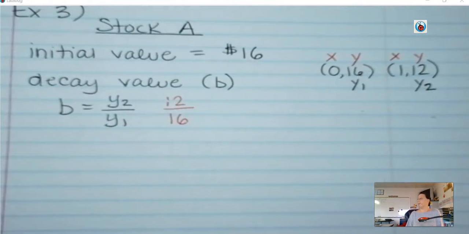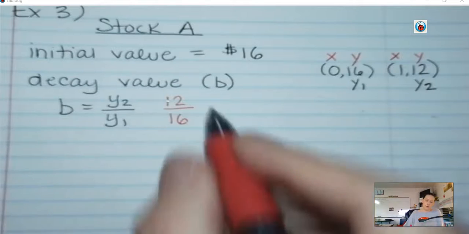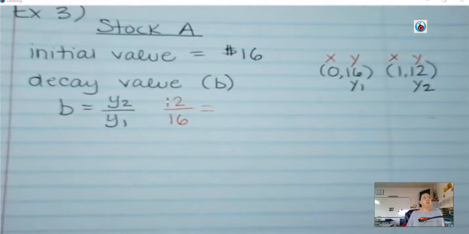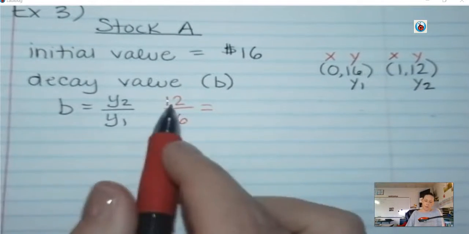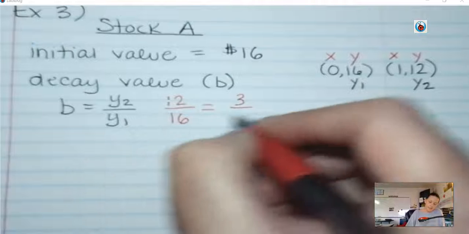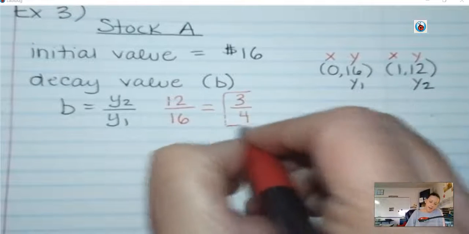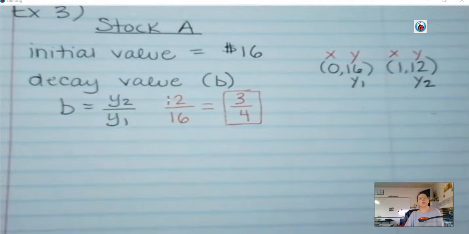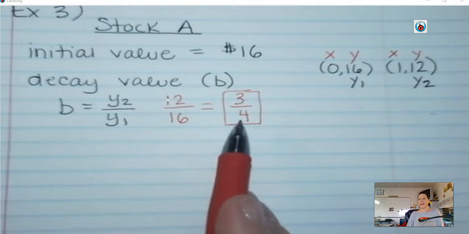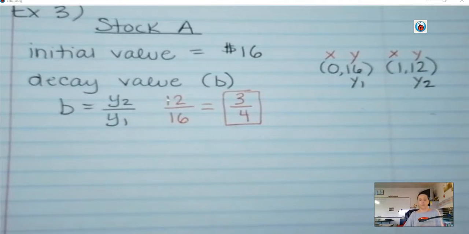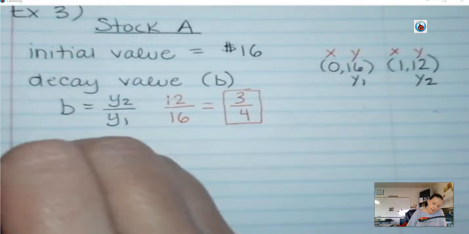Go ahead and reduce it, using your calculator or your brain. 4 goes into both 12 and 16. Now I have my B value is 3/4. I know it's decay because it's less than 1, 75%, 0.75. Now I have to write the equation.